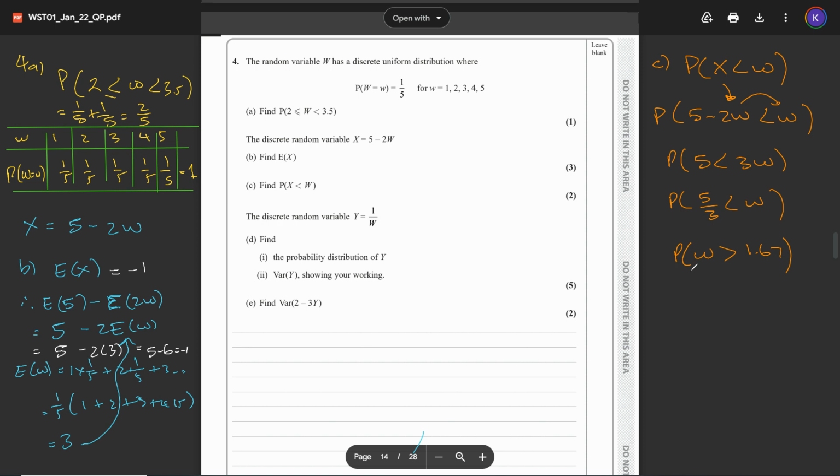All right. So the probability that it's greater than 1.67 would be all of those values there. That's 4 out of 5 values. It's done.